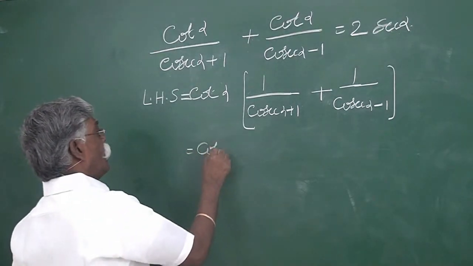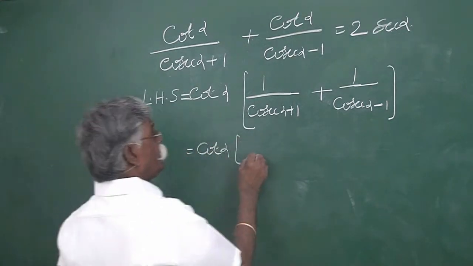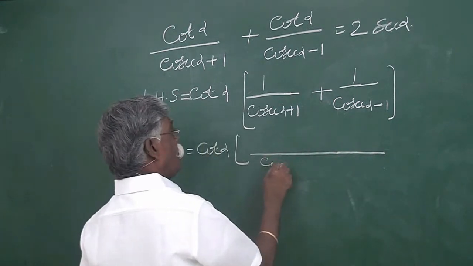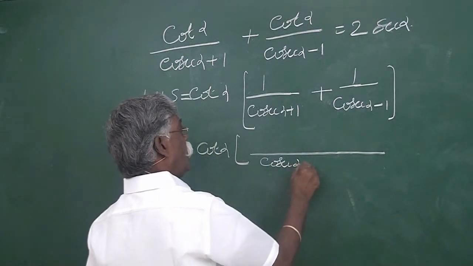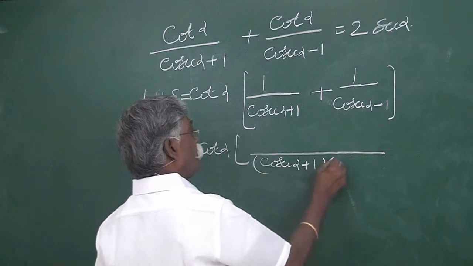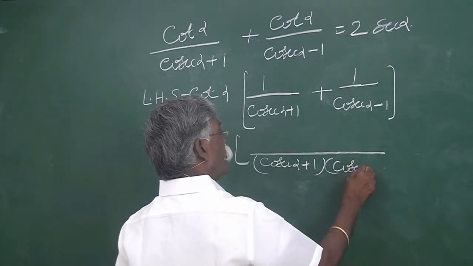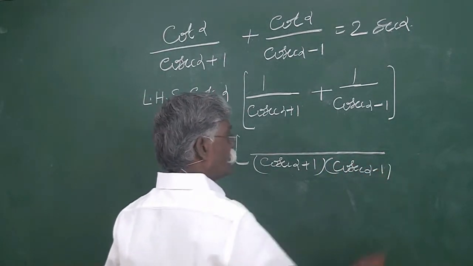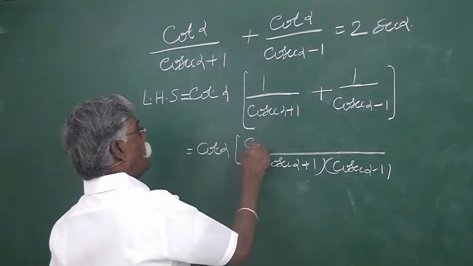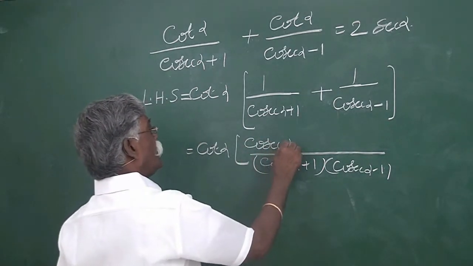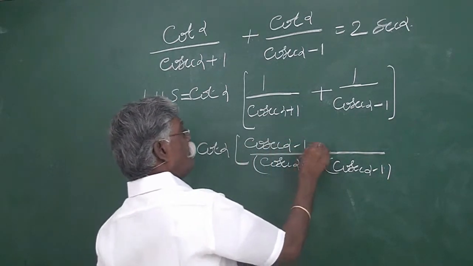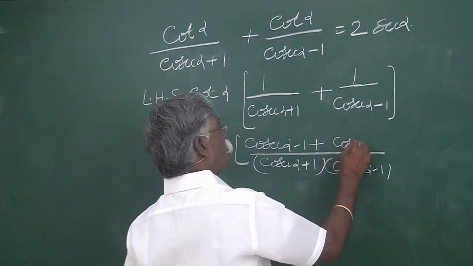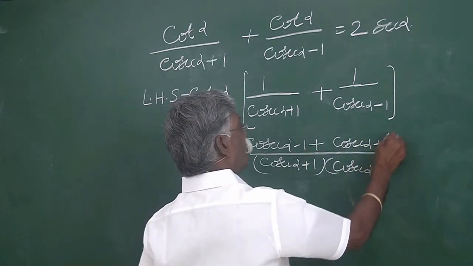Now this is cot alpha into the LCM, which is cosecant alpha plus 1 into cosecant alpha minus 1. Here we will get cosecant alpha minus 1 plus here we will get cosecant alpha plus 1.